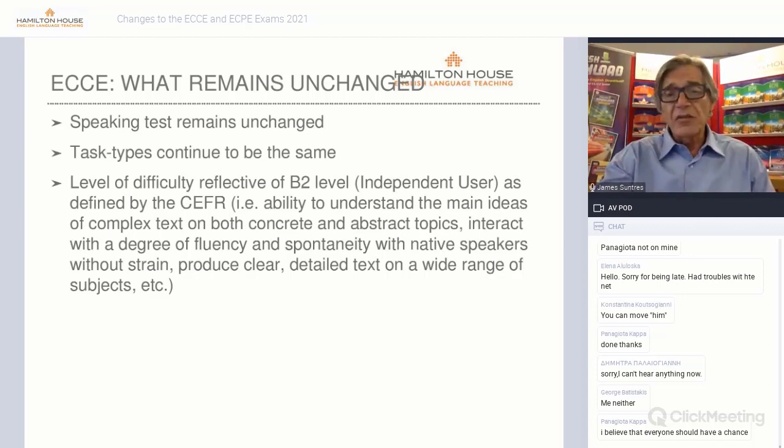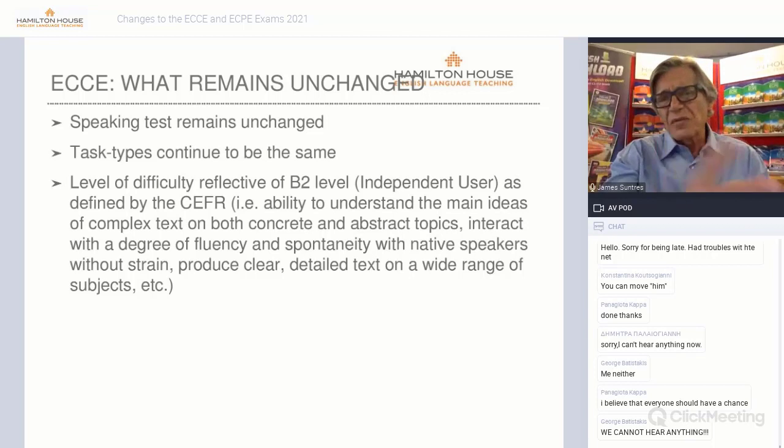The independent user on the basis of the Common European Framework references the ability to understand main ideas of complex text on both concrete and abstract topics, etc. I'm not going to tire you with this, it is just the general description of what a B2 is, but of course, it's much more elaborate than this. And I encourage you to download the CFR if you've not done so already. I've provided a link where you can access it.